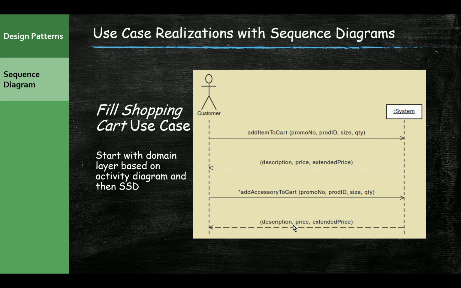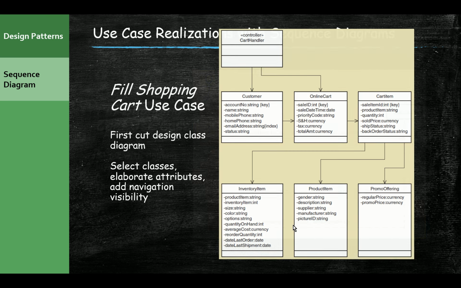So again, this is from our analysis phase. We would have created this diagram in the analysis phase. We're going to again decompose the system into the components that are required. Now we know from the CRC cards that we talked about, or from our first cut design class diagrams, we know that these are the classes that would be involved in the process.